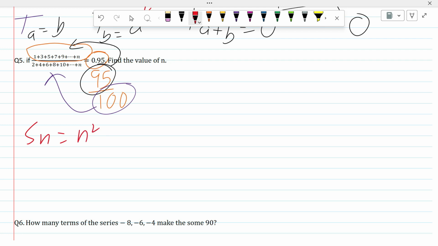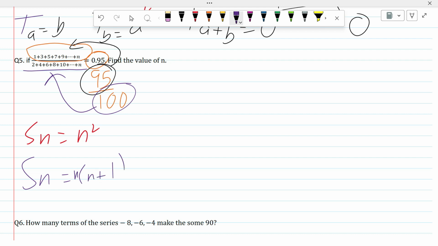Okay, but here, let's solve. I will tell you what I want to say. And if I want to solve the same for this, which is, I think, even numbers, then for even numbers, Sn is equal to n into n plus 1.